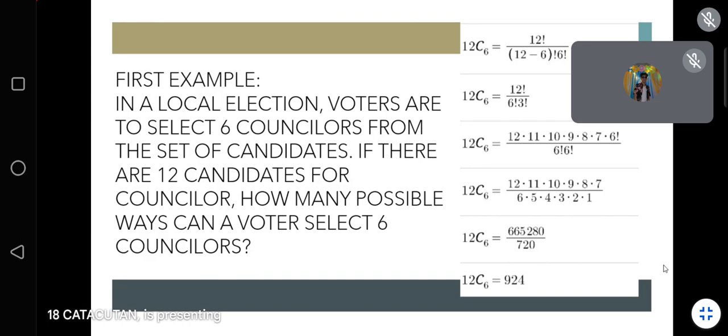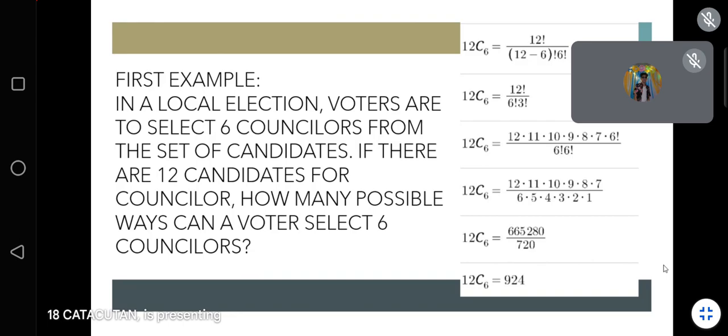First example: in a local election, voters are to select 6 councillors from the set of candidates. If there are 12 candidates for councillor, how many possible ways can a voter select 6 councillors? In this case, the order of choosing 6 councillors out of 12 candidates does not matter.